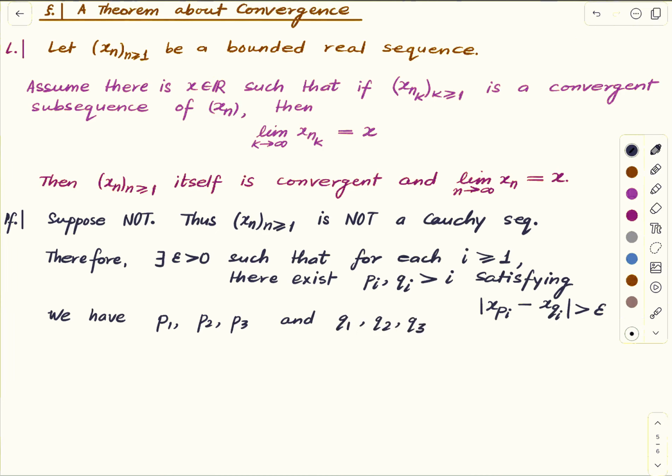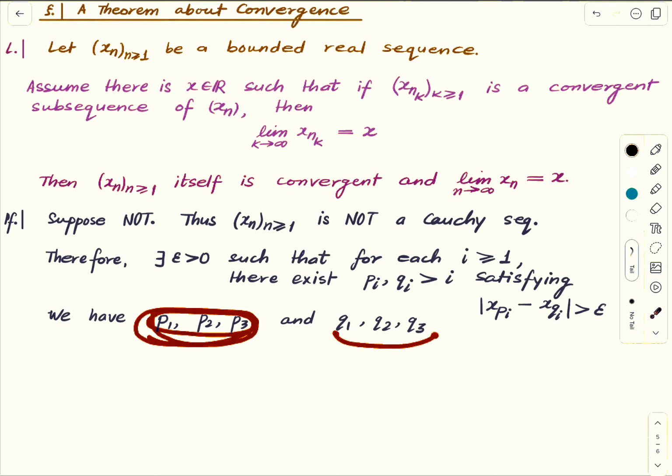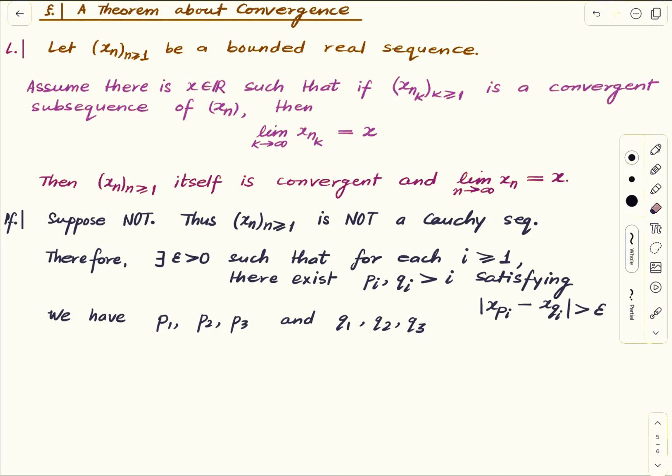One can be very, very formal here, but let me just say and ask you to convince yourself that one may assume that this is a strictly increasing sequence of naturals, and this is also a strictly increasing sequence of naturals.